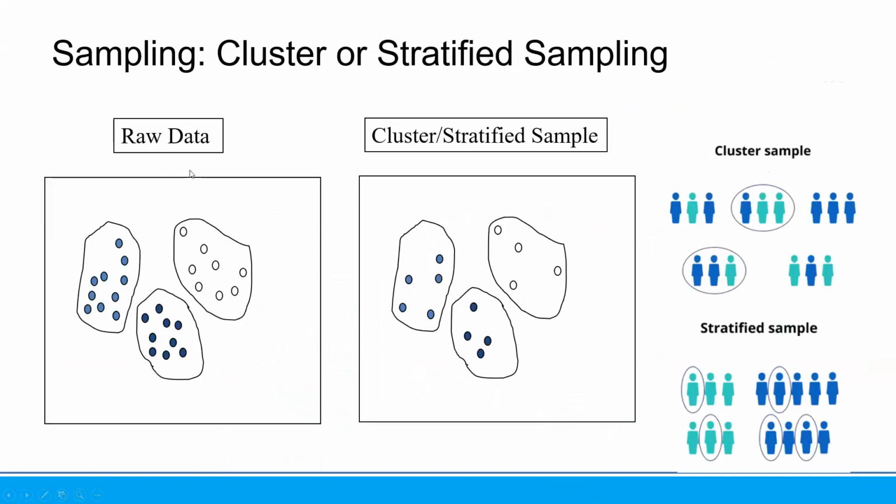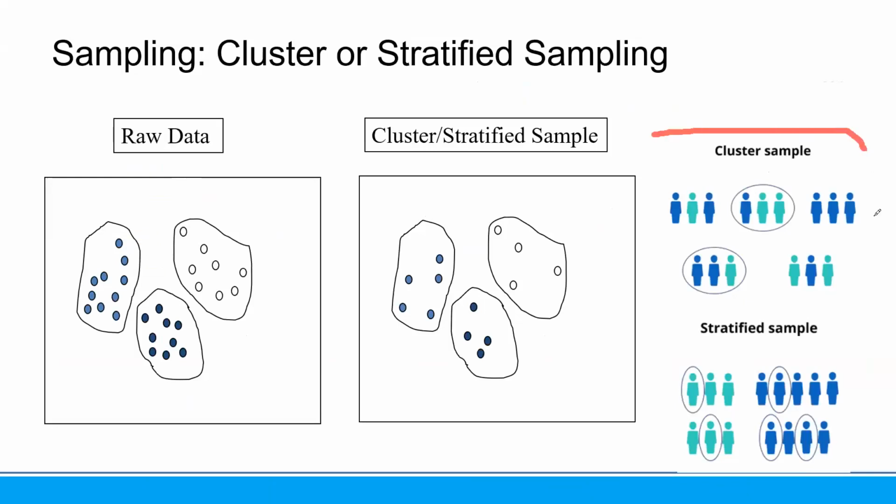We can do sampling with clusters or stratified sampling. Let's suppose we have this raw data, and I can have the data with three colors: blue, black, and white. Now I can make the cluster sample. The cluster sample means, let's say I want to select just two clusters.